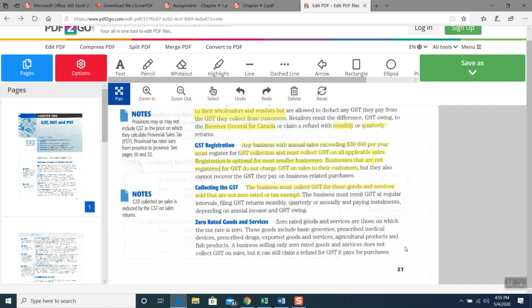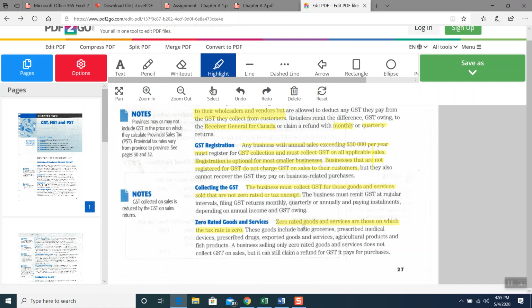So again, very simple definition, very simple logic. Zero rated goods and services are those on which the tax rate is zero. Now, Karen comes to me, sir, what does that mean, tax rate is zero? You mentioned that we have to pay taxes on each and everything all over Canada.